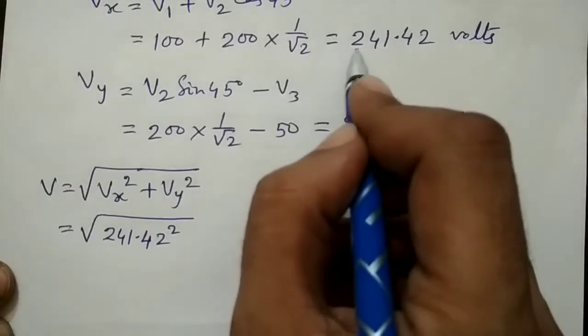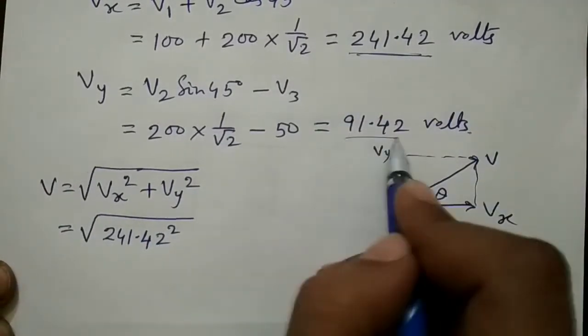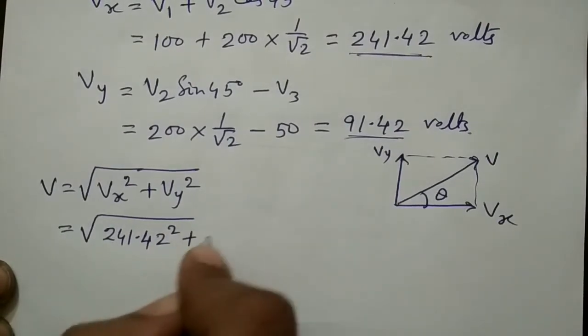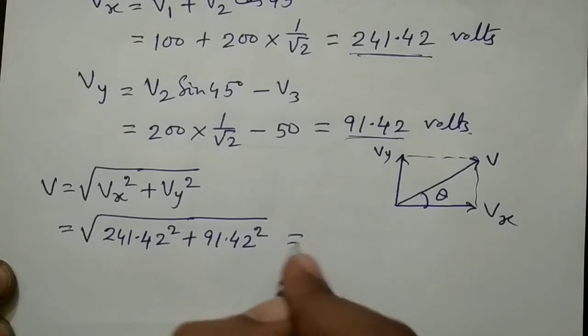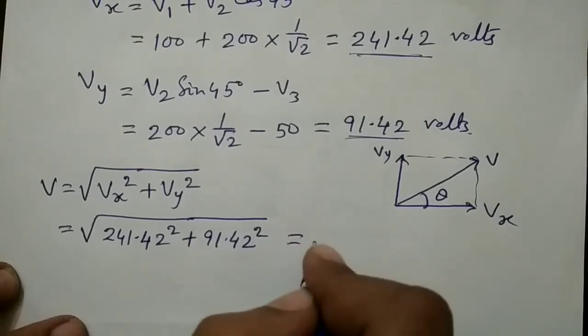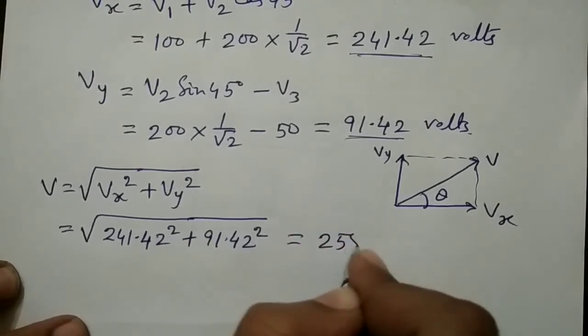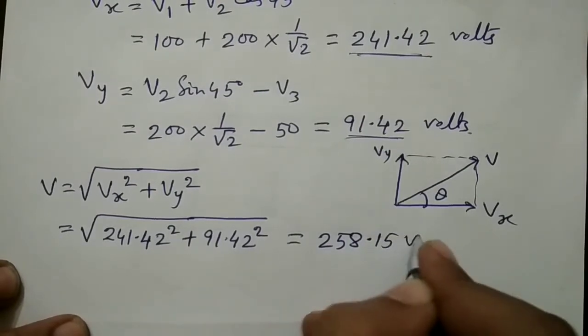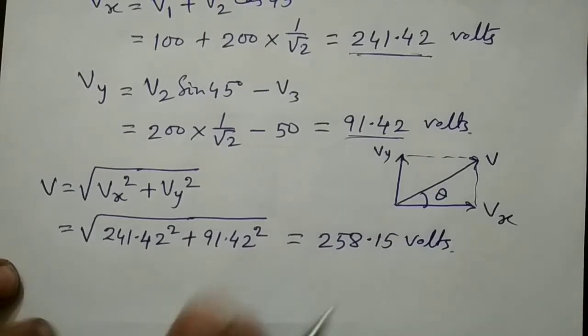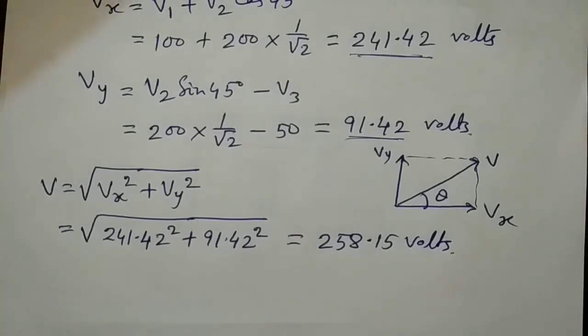This is the value of Vx and this is the value of Vy, plus 91.42 square. So after solving, we'll get 258.15 volt. So this will be the maximum value of the resultant voltage.